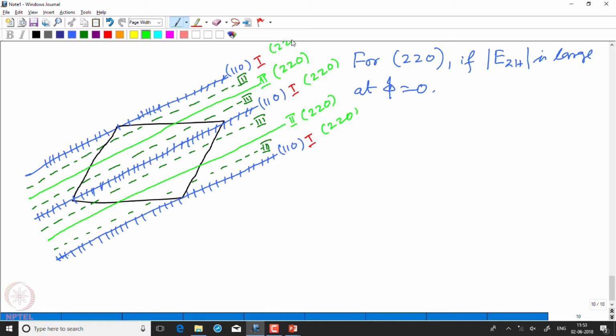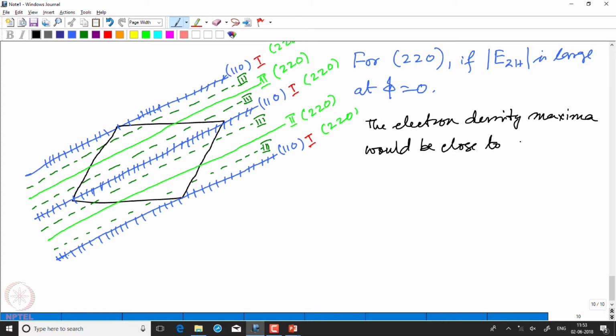So now for the 220 set of reflections, the electron density maxima would be close to both lines 1 and lines 2, because both lines 1 and lines 2 correspond to the same 220 set of planes.